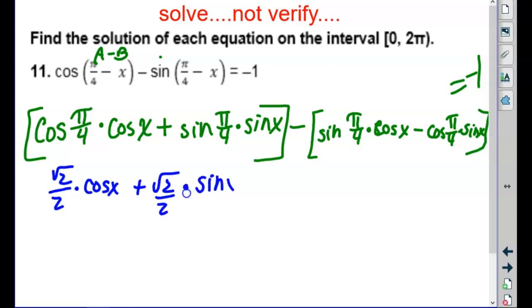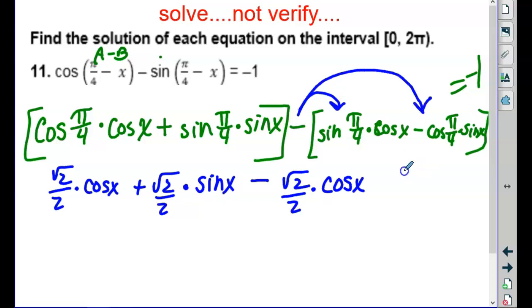Now, can we distribute this negative here, guys? What is this going to say? Minus, what's the sine at pi over 4? Square root of 2 over 2 times cosine x. Now remember, we're distributing this negative, so we end up with plus, because it's a minus a negative, and it's square root of 2 over 2 sine x equals -1. Okay, something goes away. What goes away?